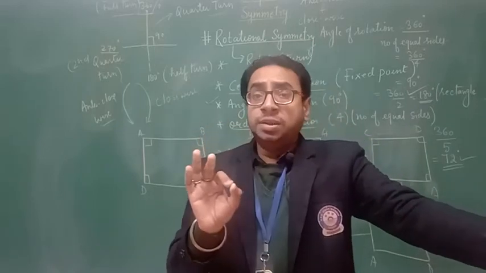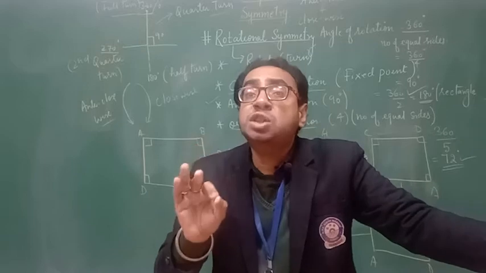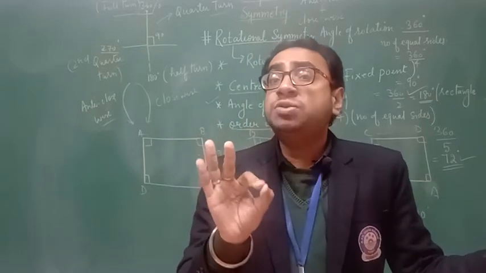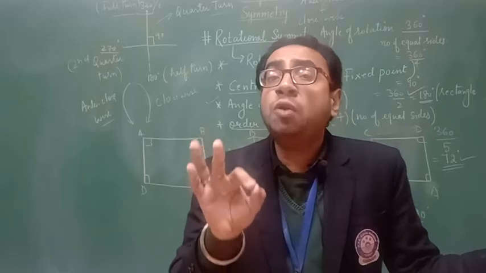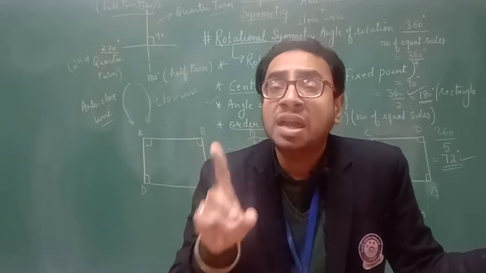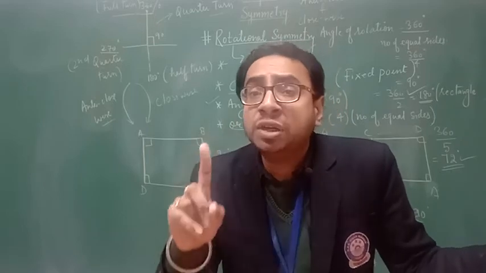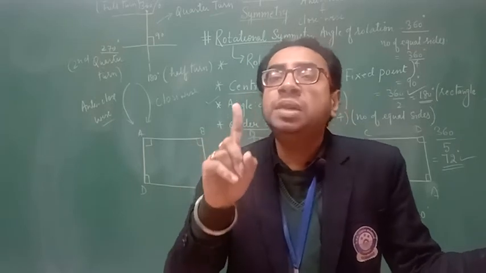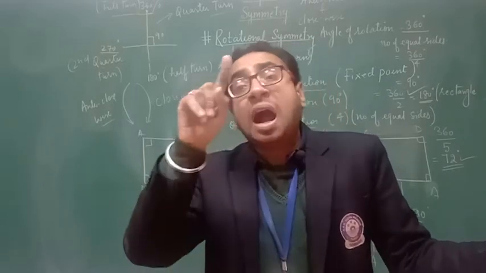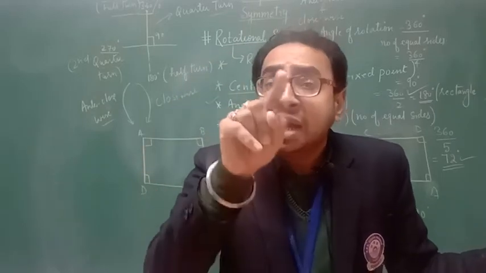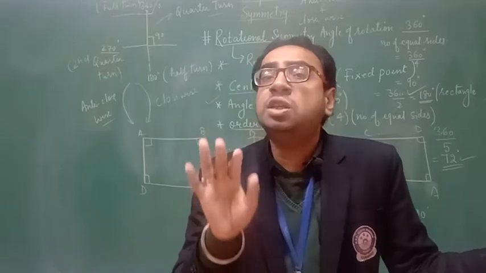Any object whose order of rotation is more than 1 will exhibit rotational symmetry. Order of rotation equal to 1 means that the object takes the original shape back only after 360 degrees. In between it will never take the shape back.